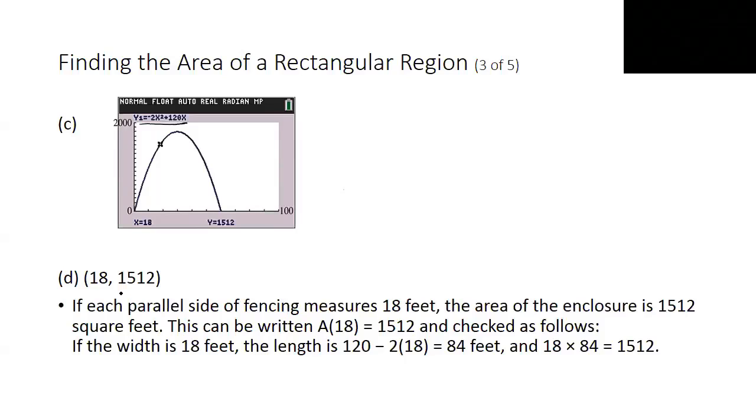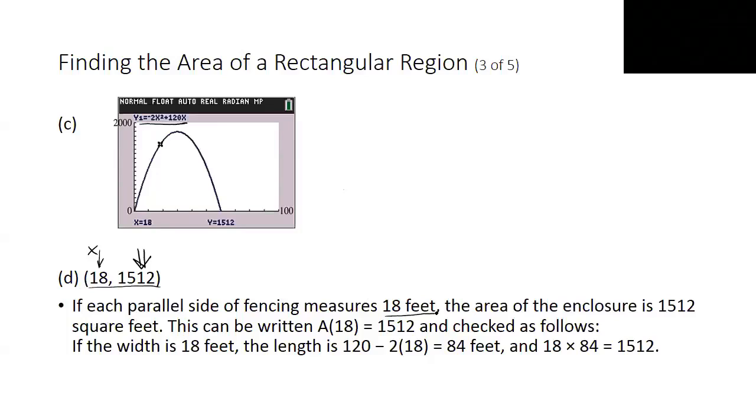So that would be for part D. It says interpret 18, 1512. So if this is a given point, it means if x is equal to 18, y is equal to 1512. What that means is, if you remember, x was the width of the rectangle, or the parallel side of the fencing.